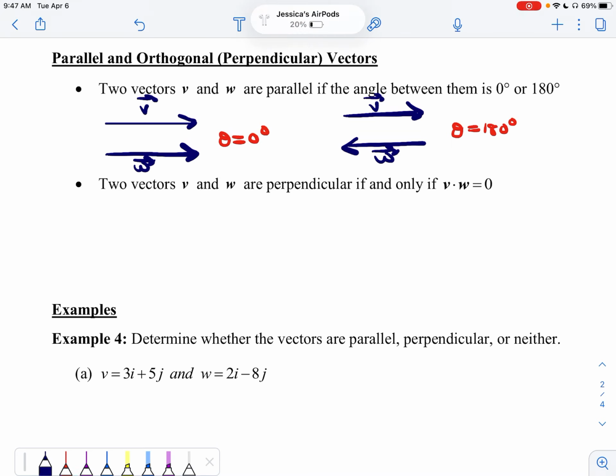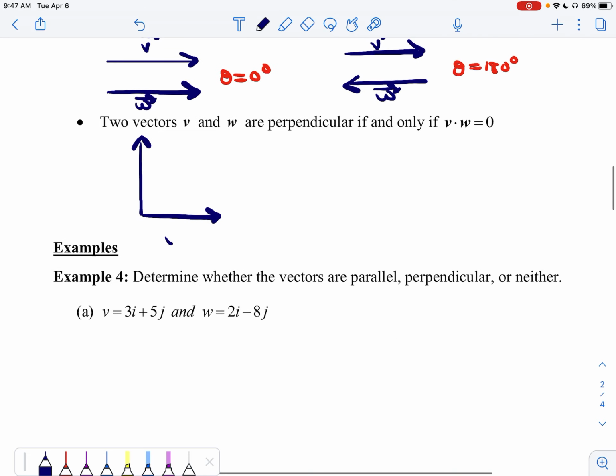Right, now, if we want two vectors to be perpendicular to one another or orthogonal to one another, then we need a 90-degree angle between our two vectors. So if we have a 90-degree angle between our vectors, then they are going to be perpendicular.